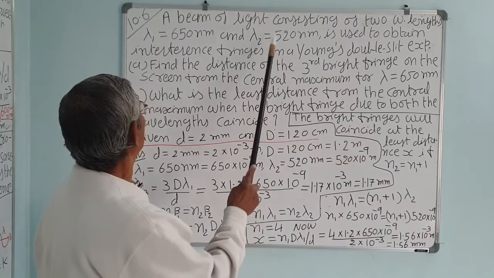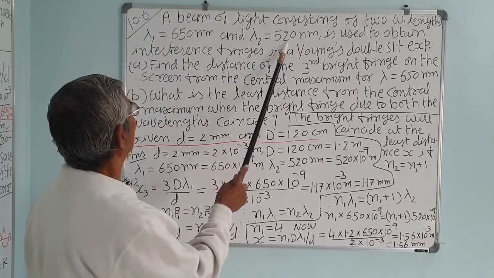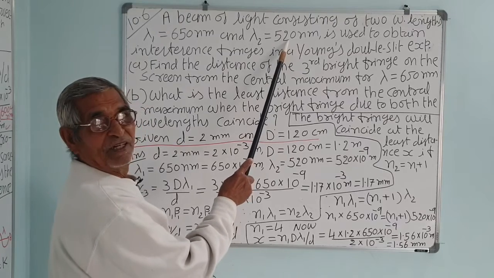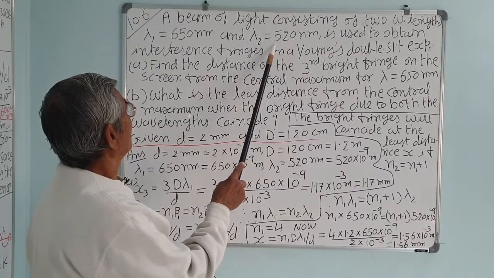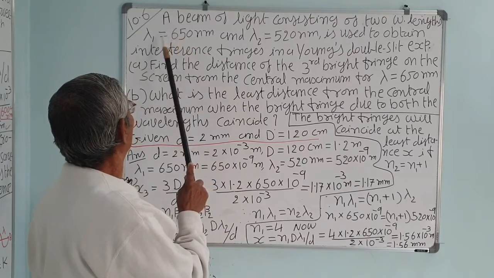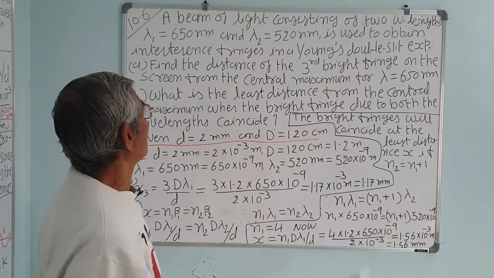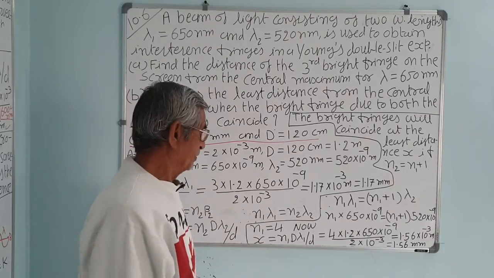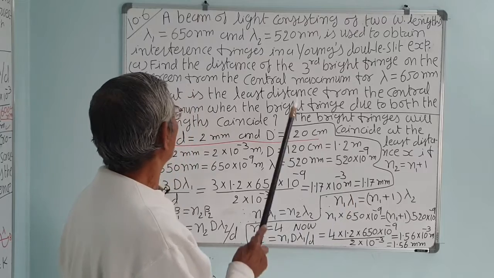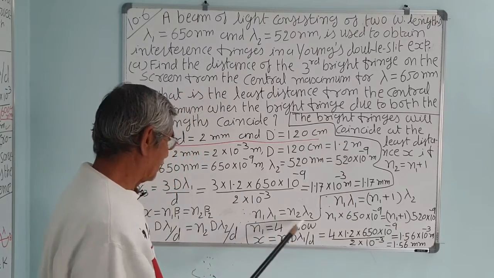There is a difference also you can see, 520 and 650, what is the difference? 130. If it is one bright fringe, it will take over at the fourth, that is 130 into 4, that is 520. You can check again n1 lambda 1 using this equation.